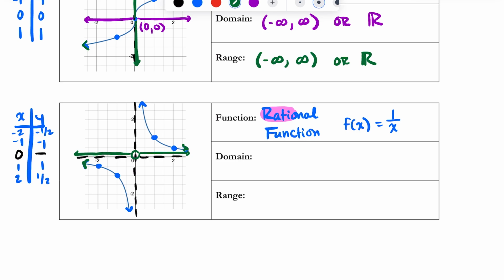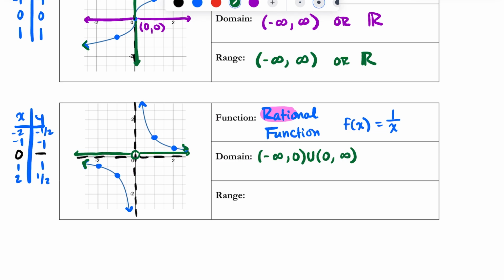So my domain here is going to be negative infinity to 0. But since I can't actually be 0, I'm going to put a parenthesis on it. And then I'm going to pick right back up and go all the way to the right with that positive infinity. But I have to put that union sign in between to connect those, if we think back to the last unit, or to the last video.